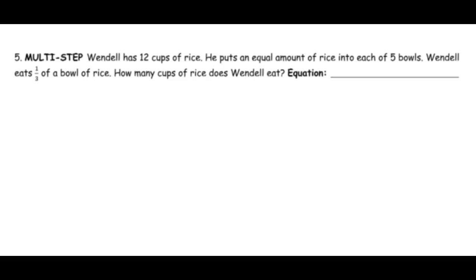Okay, guys, so Wendell has 12 cups of rice. First, he's putting an equal amount into each of 5 bowls. So that's 12 divided into 5 bowls equals, let's go, I don't know, let's go T this time. Okay, so we have 12 cups of rice being divided into 5 bowls is going to give us an amount in each bowl.